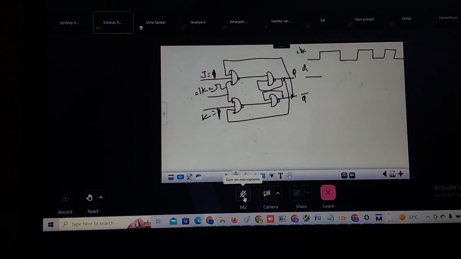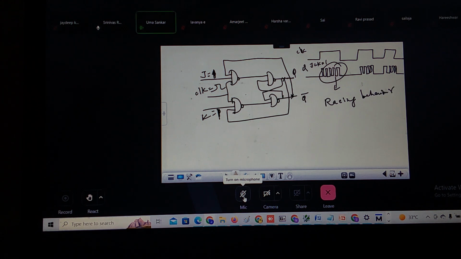Q is racing, meaning uncontrollably it is changing 1 to 0, 1 to 0, 1 to 0 like this. Again, when Q is equal to 1 and J is equal to K is equal to 1, racing is happening. This state we call a racing behavior.